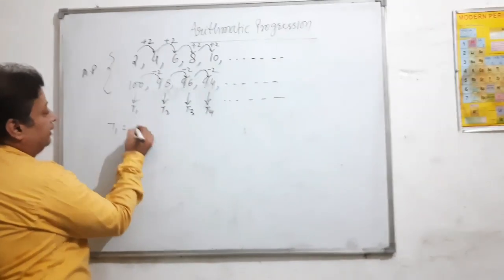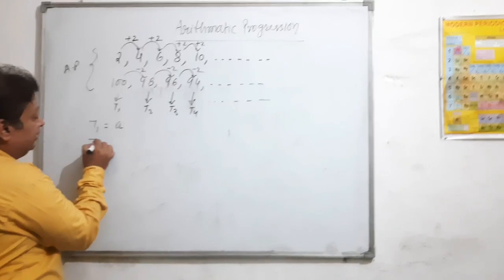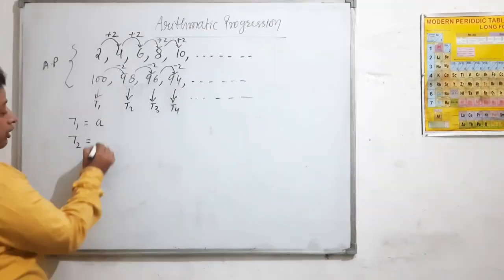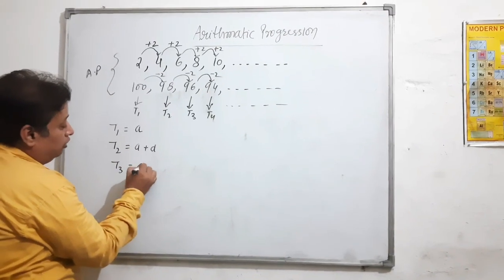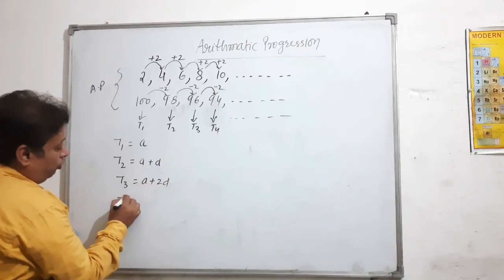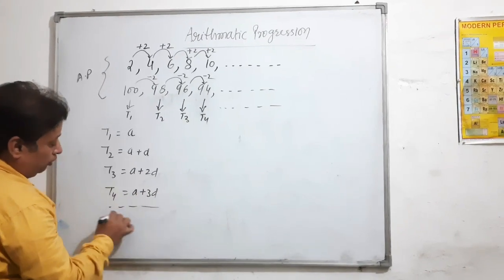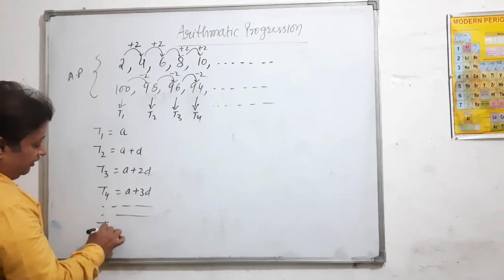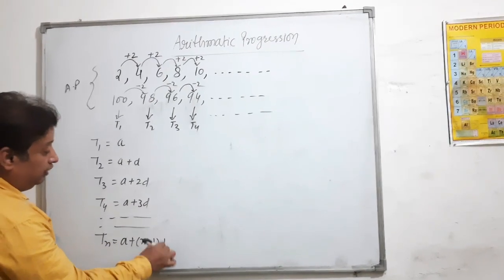Assume T1, the first term, is A and the common difference is D. Then the second term will be A plus D, the third term will be A plus 2D, the fourth term will be A plus 3D, and so on. We can find the nth term Tn equal to A plus (n minus 1) into D.